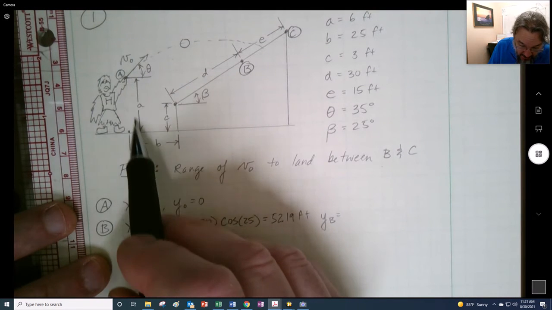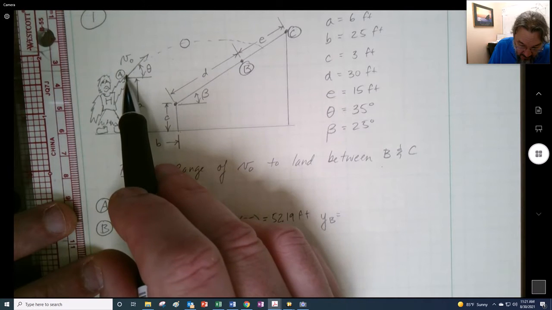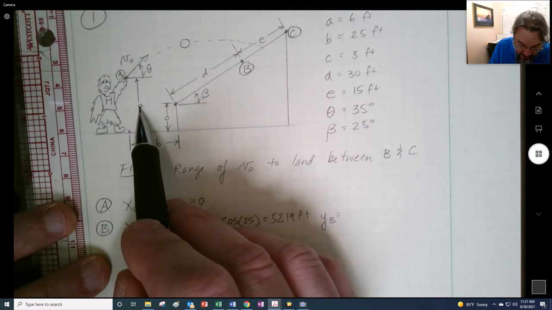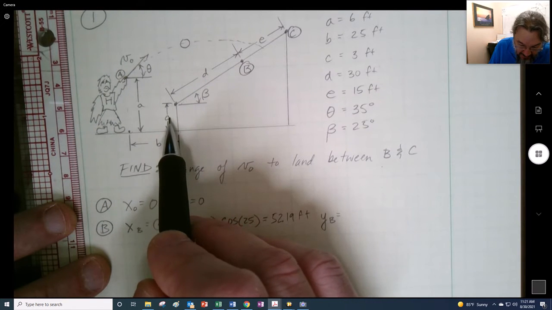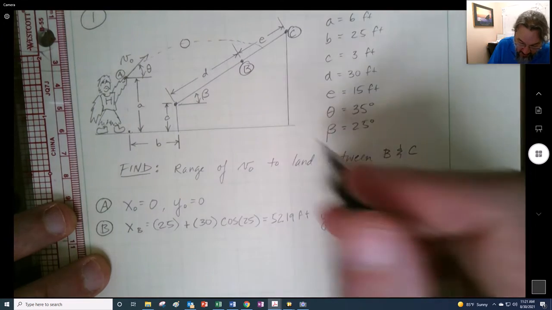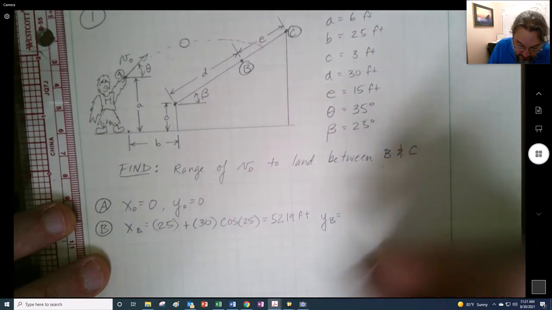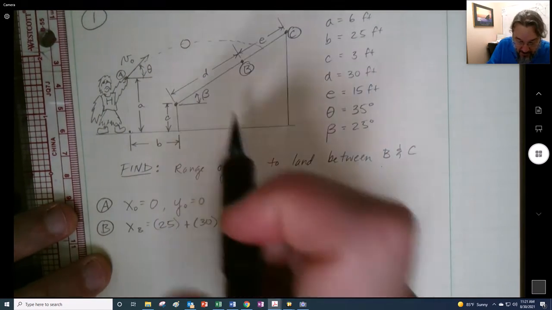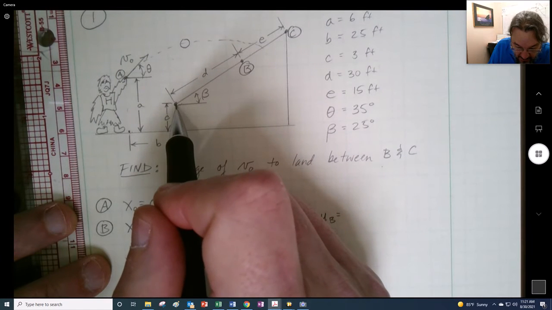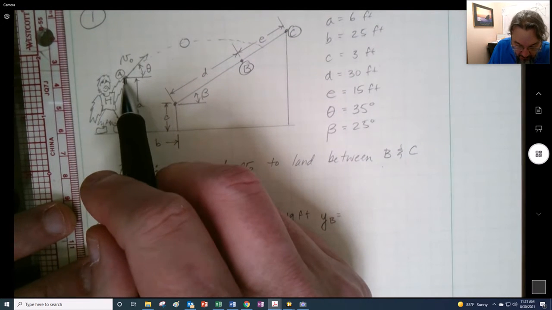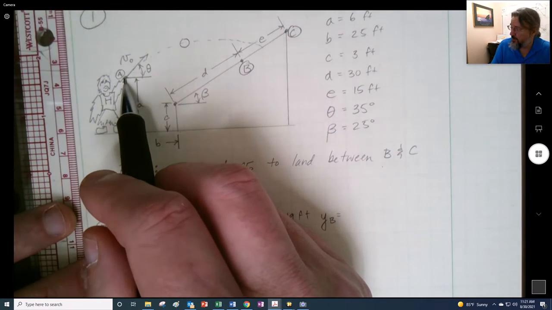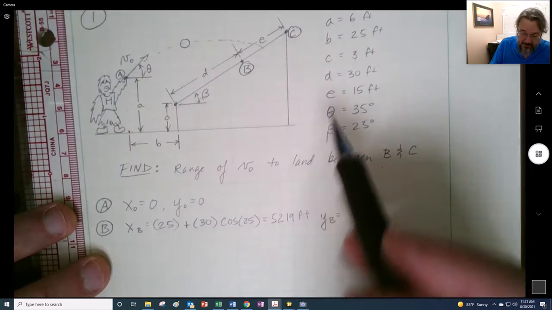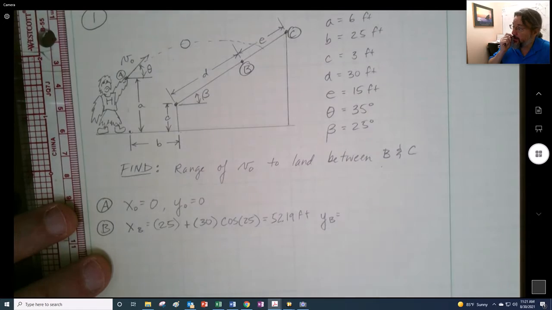All right, and for y, we've got to be a little bit careful here with yb. We actually have to come down, so it's really going to be A minus C right there. I just want to be careful here. What did I decide to do?